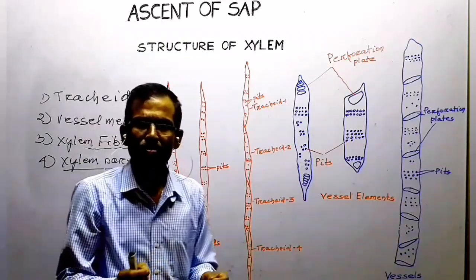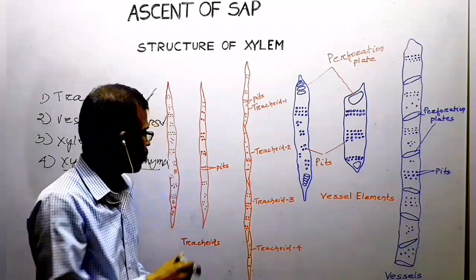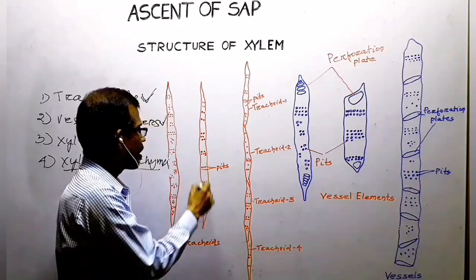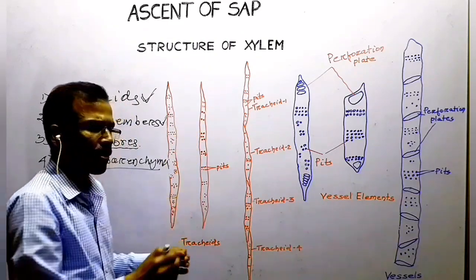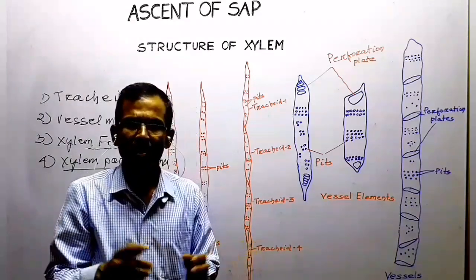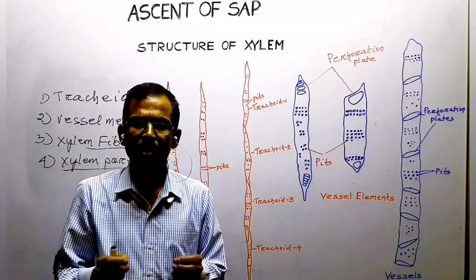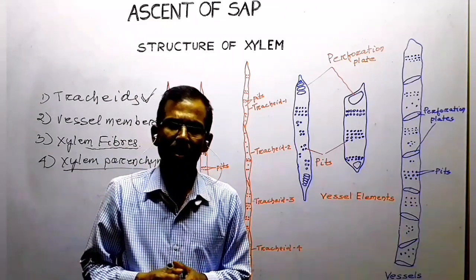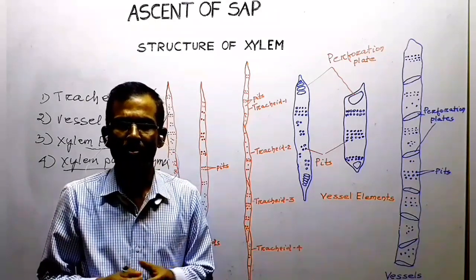Water flows between tracheids by means of numerous pits, which are present on their lateral walls. These are the pits which are present on the lateral walls of tracheids. Pits are microscopic regions where secondary wall is absent and primary wall is thin and porous.